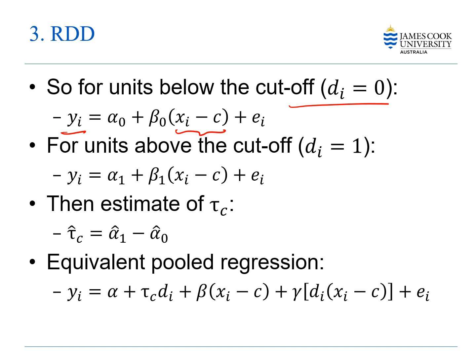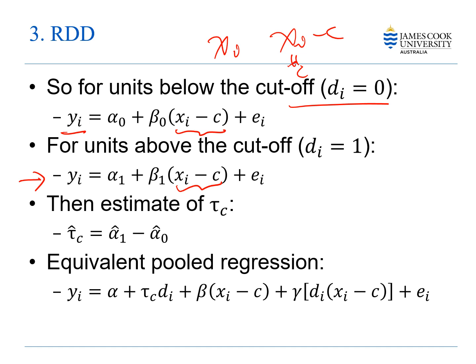Rather than using xi, we use xi minus c, so at the cutoff, where xi is equal to c, this value will be 0. Similarly, for units above the cutoff, we estimate a regression model: y is alpha 1 plus beta 1 times xi minus c plus any other terms.